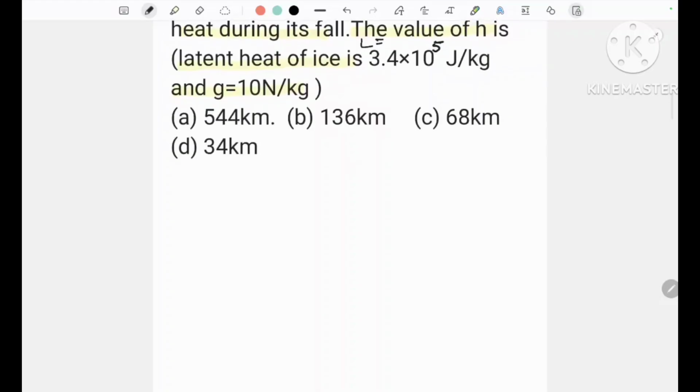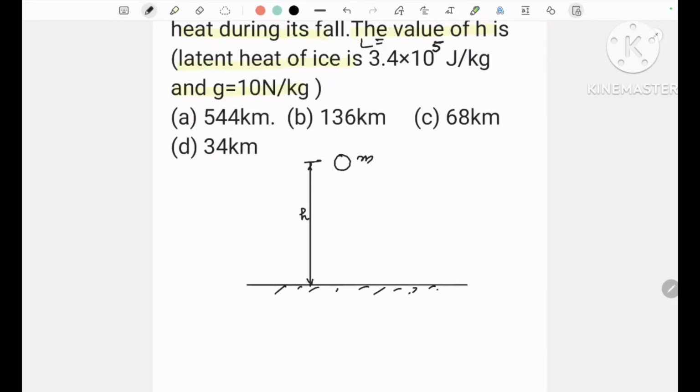Suppose the mass of the ice piece is m, this is the ground, and h is the height above the ground.